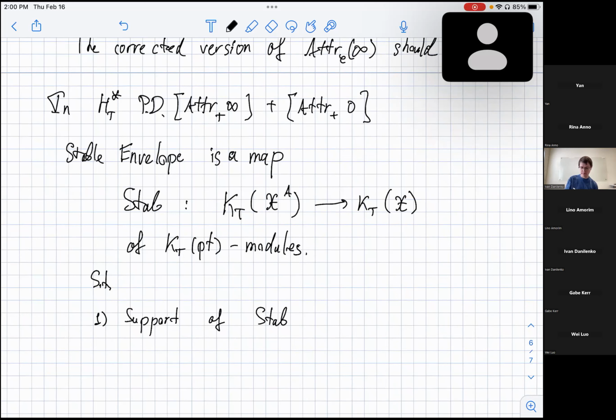of the stable envelope. As I said before, the attractor depends on a choice of chamber.